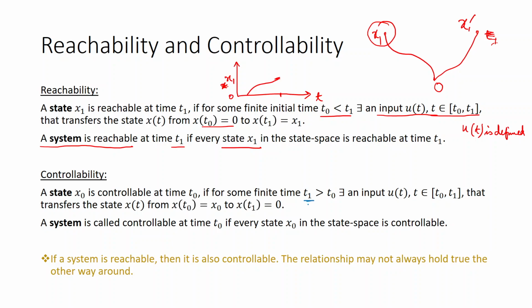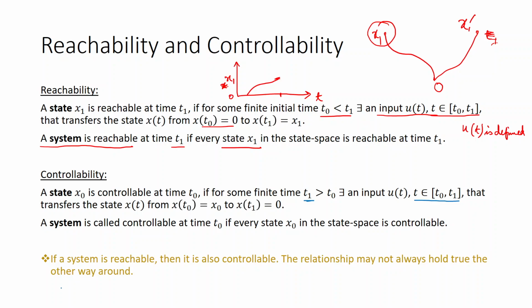If for some finite time t1 greater than t0 there exists an input u(t) which is between this time, so you have to supply this input throughout this time t0 to t1, that transfers the state x(t) from x(t0) equals x0 to x(t1) equals 0. So here the final state is not x1, here the final state is 0.